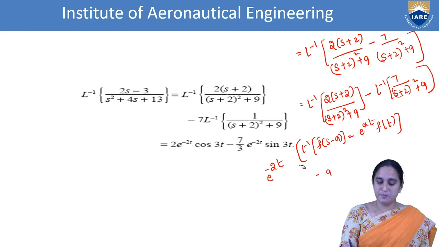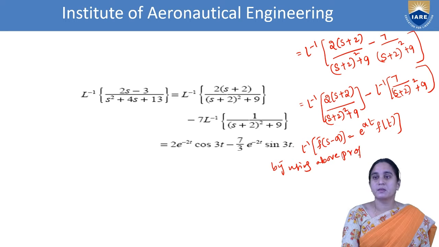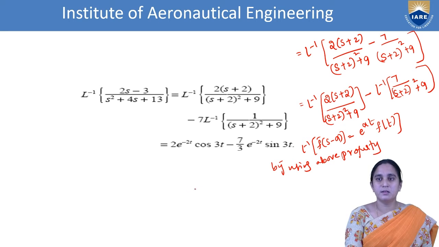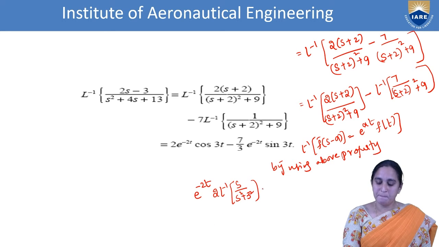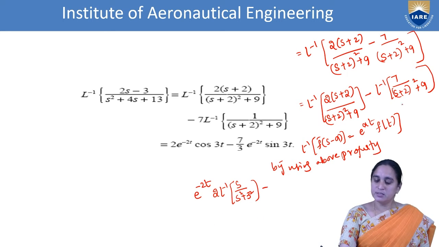Once again I'll write this step here. By using the first shifting theorem, by using the above property, that is e power minus 2t into 2 into Laplace inverse of s by (s square plus 3 square) minus, for the second part of the answer, I'll take 7 outside, remaining 1 by ((s plus 2) whole square plus 9).